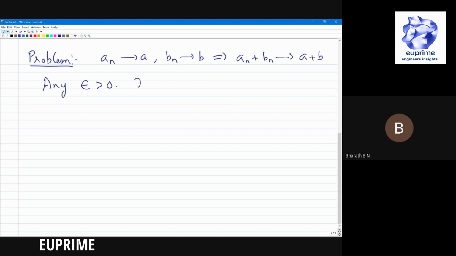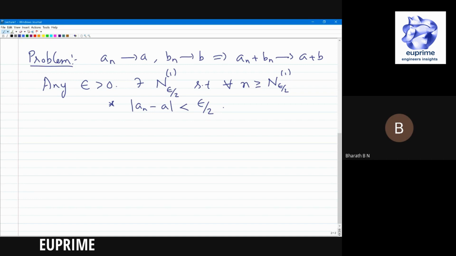So there exists, let me call it n_{epsilon/2,1}. Instead of taking an epsilon room, I'll take an epsilon by 2 room; we'll see why. Such that for every n greater than or equal to n_{epsilon/2,1}, |a_n minus a| will be within epsilon by 2, not epsilon, right? So this is the first thing.